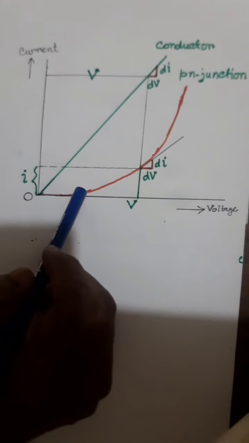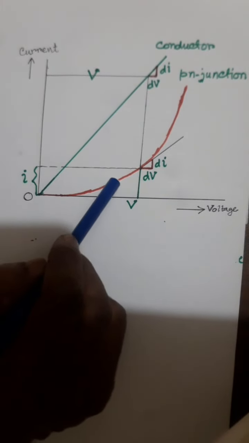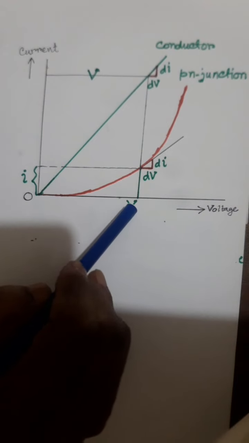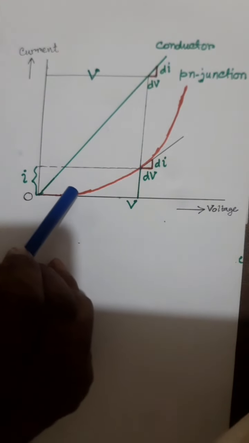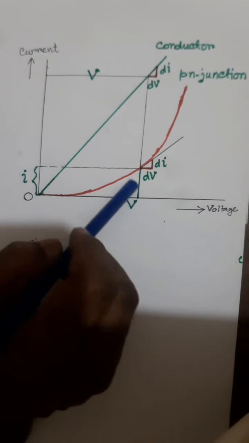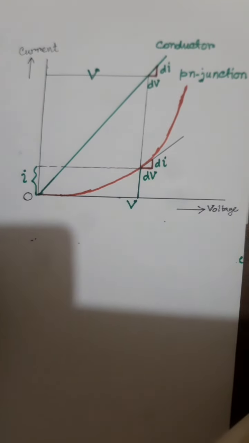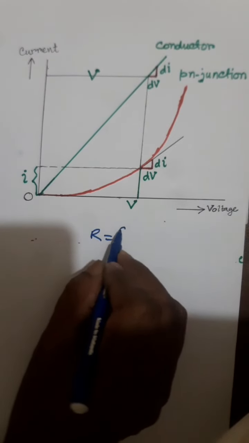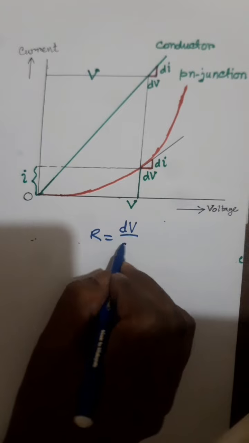The resistance of the device increases with the increase of the voltage V. The resistance at V is R equal to dV by dI.